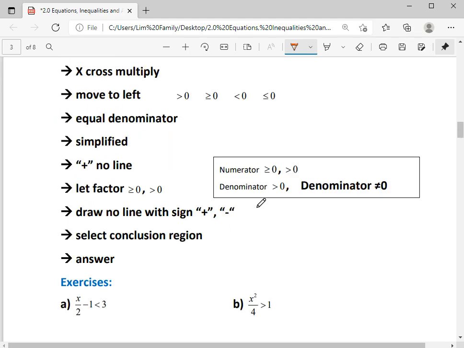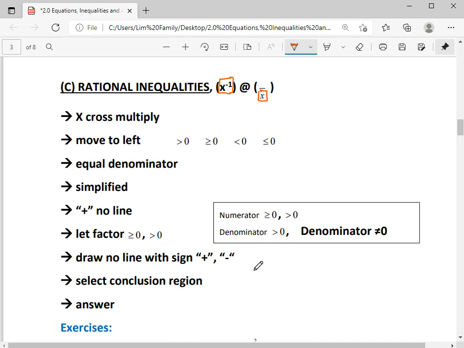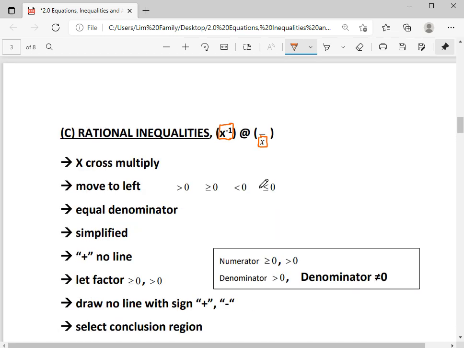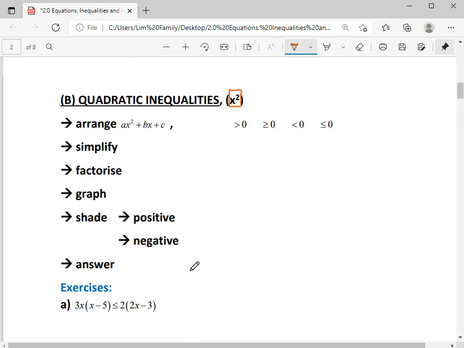So don't misunderstand and say that this is a fraction. This is rational inequalities when the x is sitting at the denominator, when x is to the power of -1. Then we use the way of solving rational inequalities.